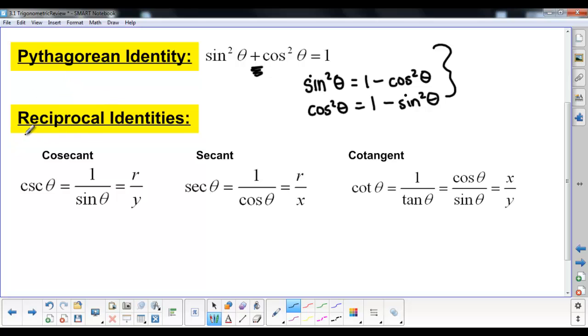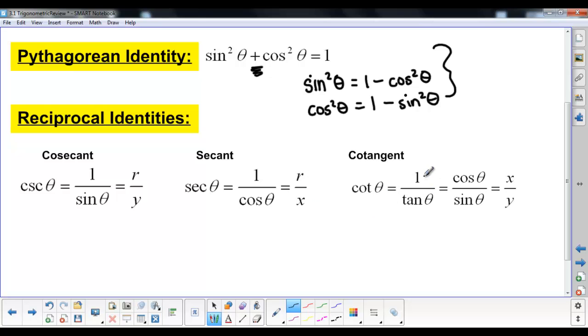Now the reciprocal identities, cosecant theta is really the same thing as 1 over sine. So if sine theta is y over r, then cosecant theta is just going to be the reciprocal, so r over y. Secant theta is the reciprocal of cos theta. So secant theta is 1 over cos theta, and again, if cos theta is x over r, then secant theta is just the reciprocal. It's just flipped, so r over x.